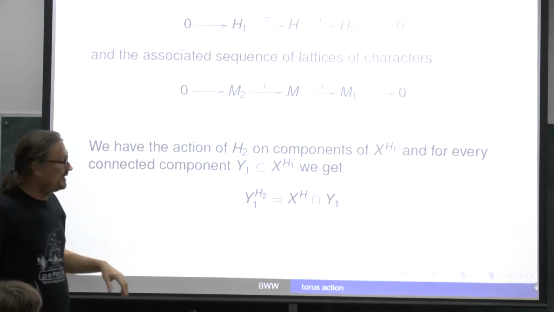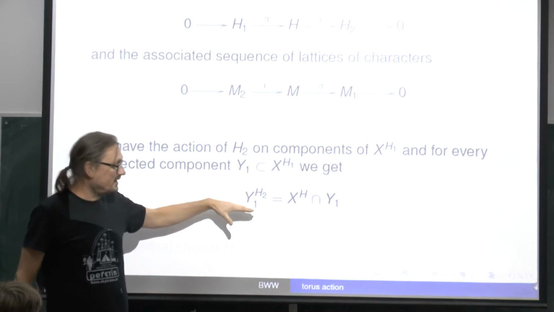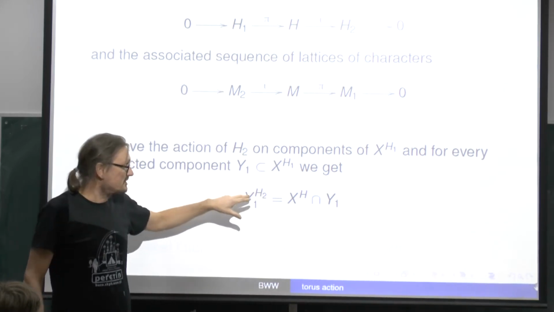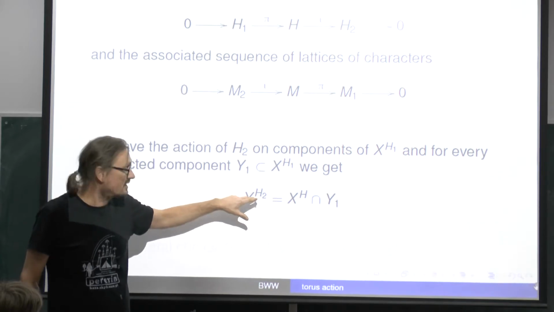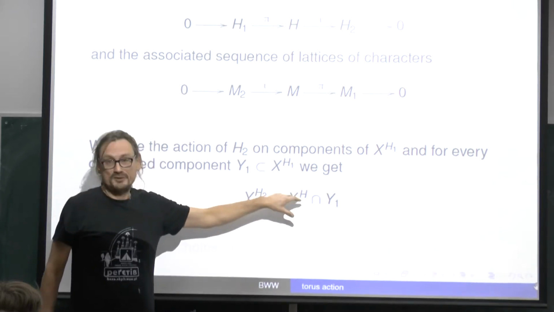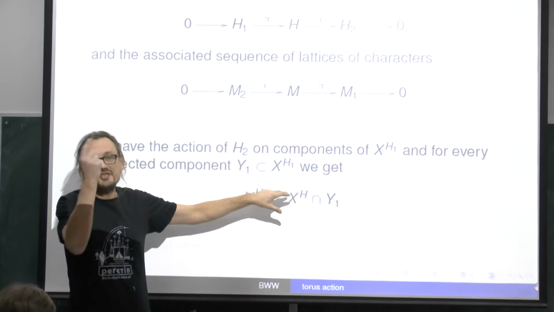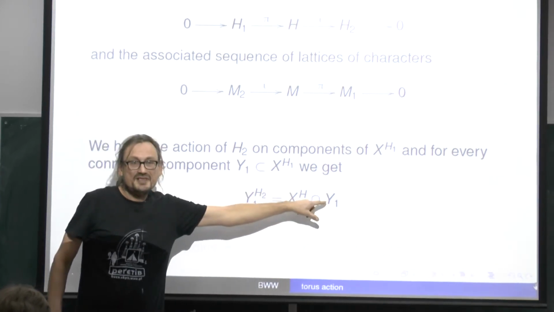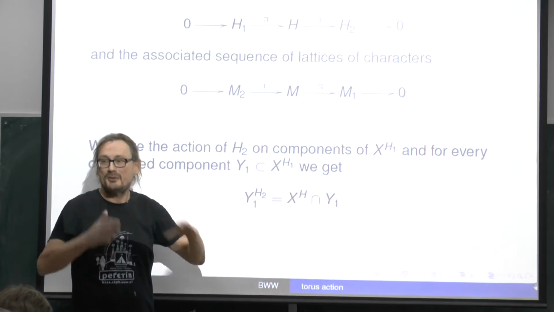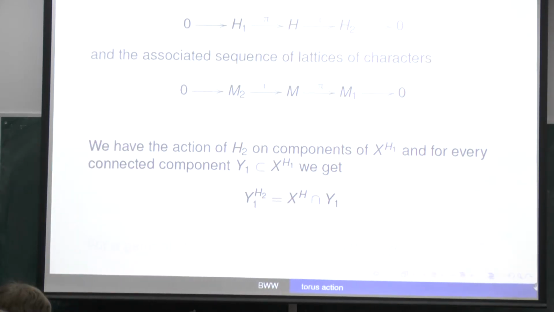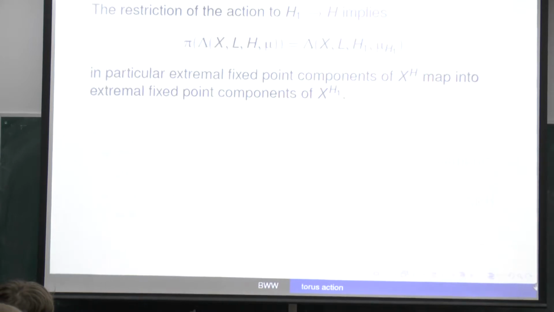And actually, the components of the fixed point set of the quotient torus are the components of the original torus intersected with the fixed point component of the smaller torus. If you think about it, then you will see that this is obvious.